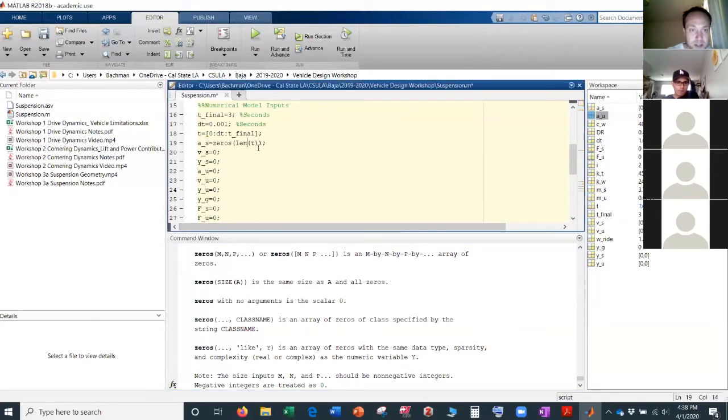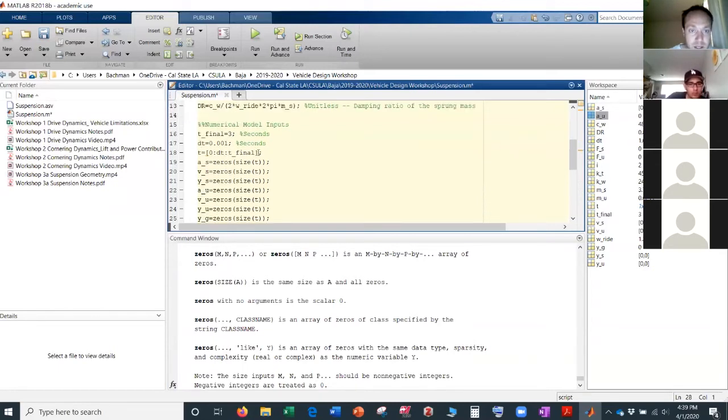We'll just do size t. I don't know if it's looking for the second index and doesn't like that it doesn't have one. Sometimes it handles that. I want to make these columns. I like to handle columns better.